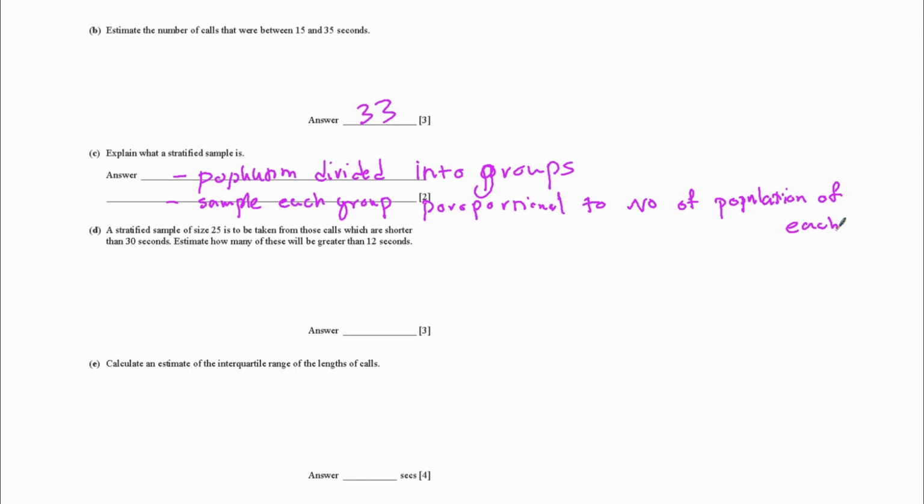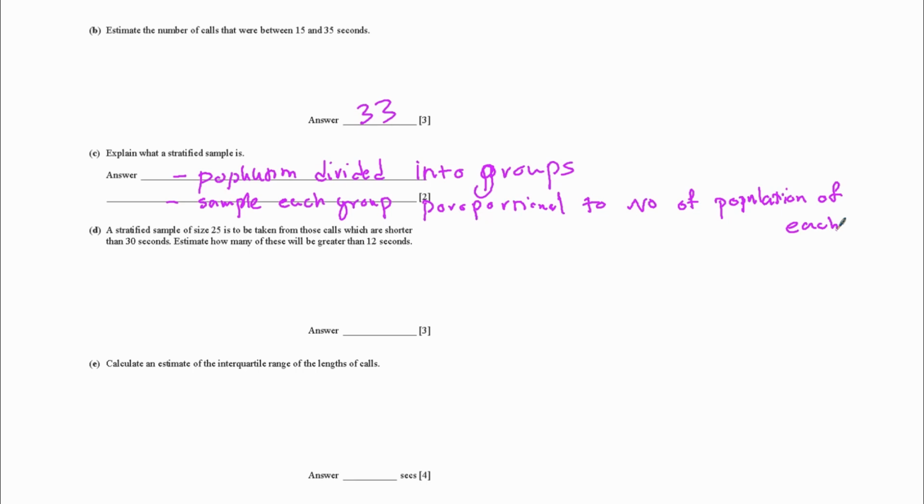Now the rest of the question is: a stratified sample of size 25 is to be taken from those calls which are shorter than 30 seconds. Estimate how many of these will be greater than 12 seconds.